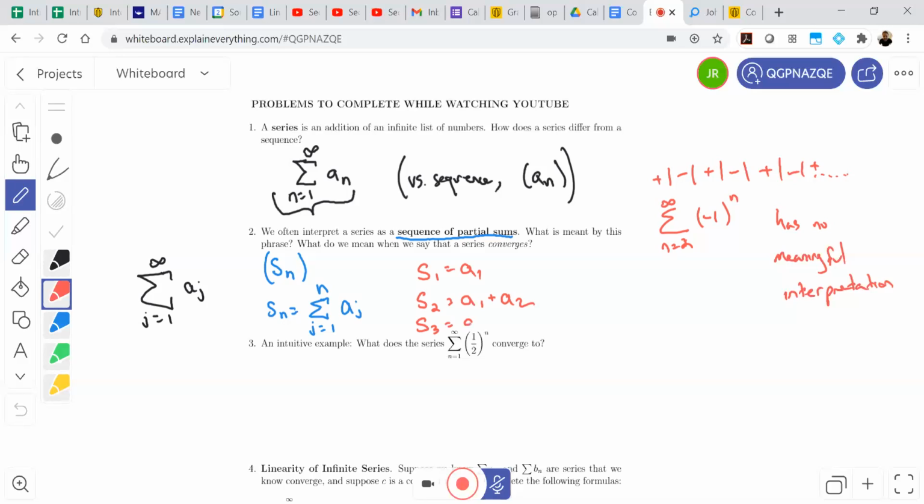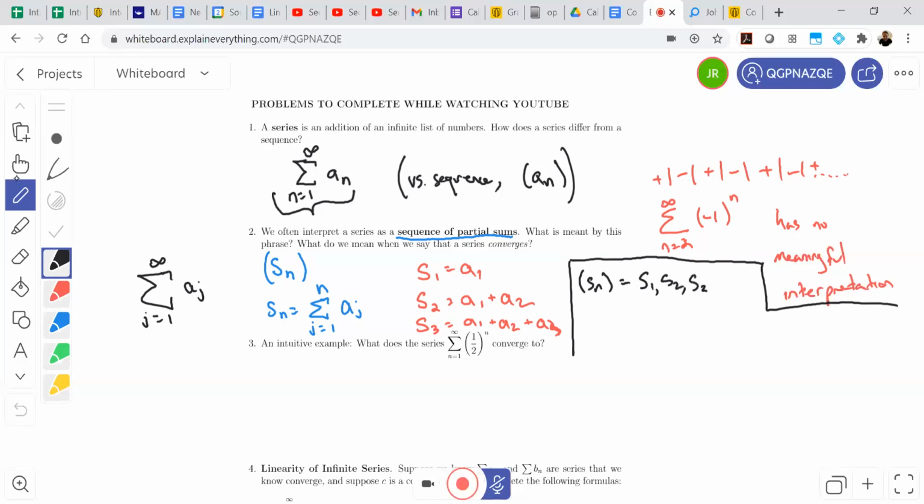S3, the third partial sum, was a1 plus a2 plus a3, and so on. You could imagine S sub 17 would be the sum of the first 17 elements of the sequence, and S sub 100 would be the sum of the first 100 elements. Then we can consider the sequence of partial sums, the sequence S sub n, that's our infinite list S1, S2, S3, S4, and so on.